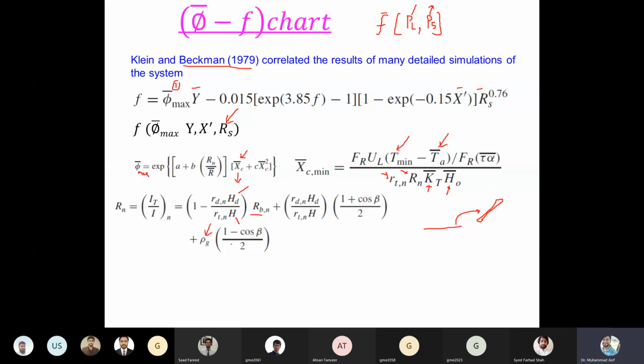Even you can ignore this factor. So rho g is basically the density that you normally include, and when the grass is there, we normally take 0.2, and when there is ice, I think we take that value equal to 0.1. I forgot that, you can verify again. So you can calculate the value of Rn.